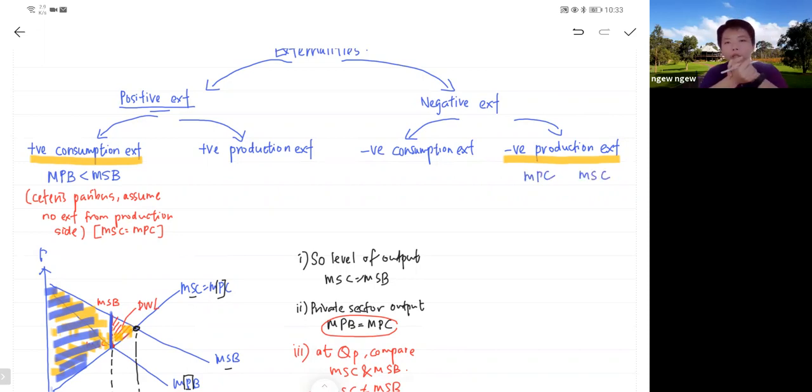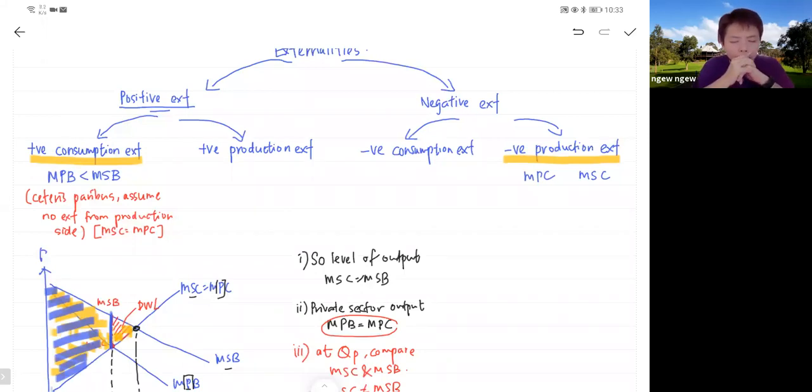If producer action generates negative externality to the society, to the third party, meaning that the negative impact to the society is greater or smaller than the negativity to the producer itself. The cost to the society is greater or smaller than firms itself.